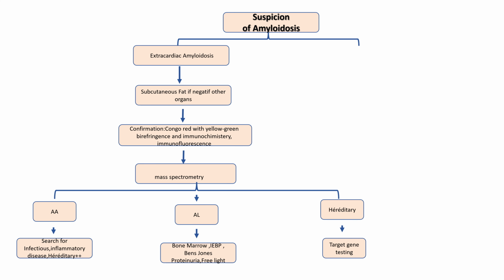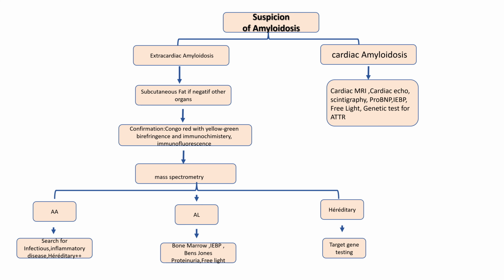If we have hereditary protein, we can do a genetic test. If it is cardiac amyloidosis, we can think about AL amyloidosis, light chain, or ATTR amyloidosis, which can be mutant ATTR or wild-type ATTR.